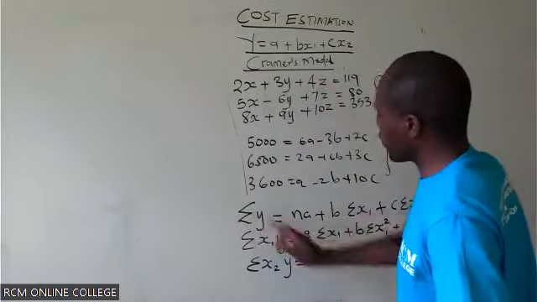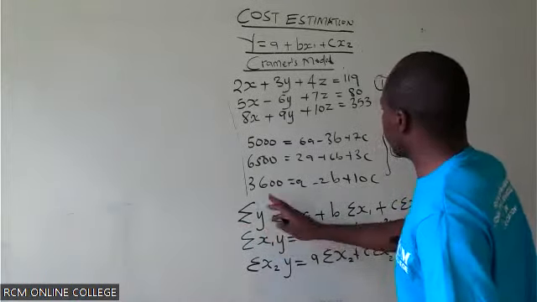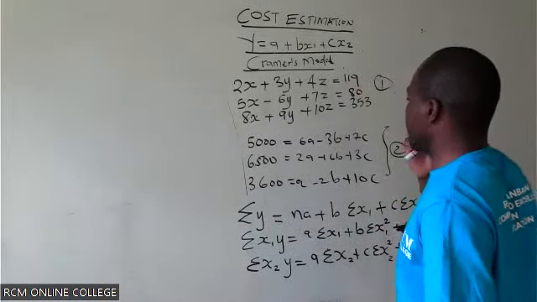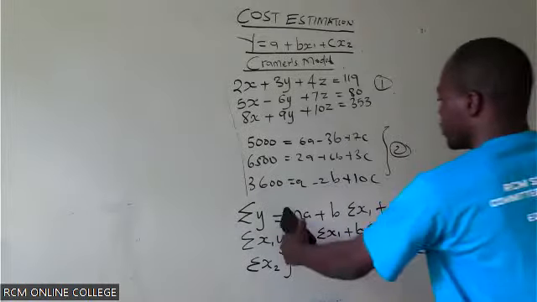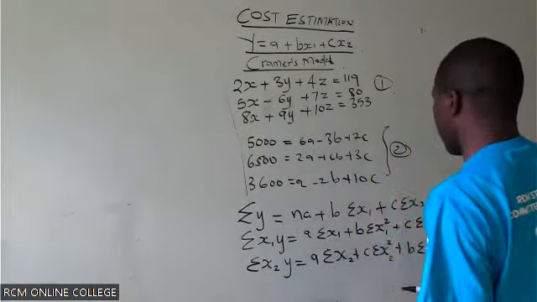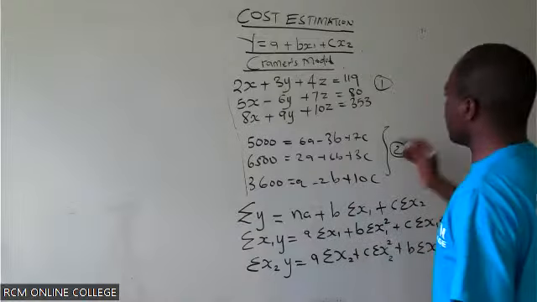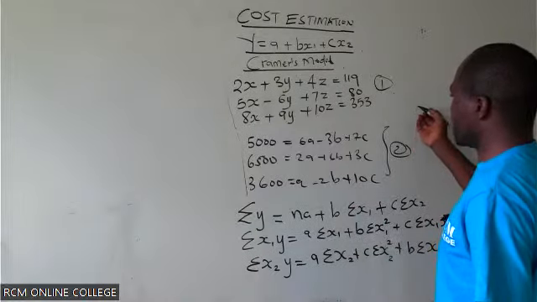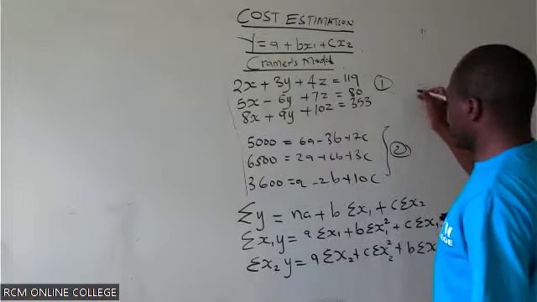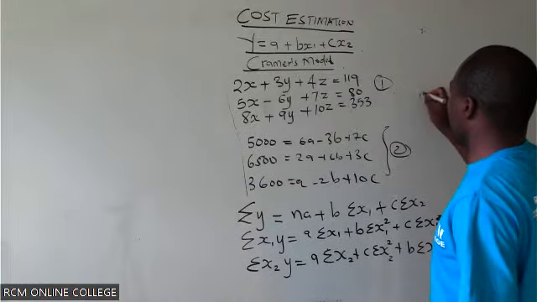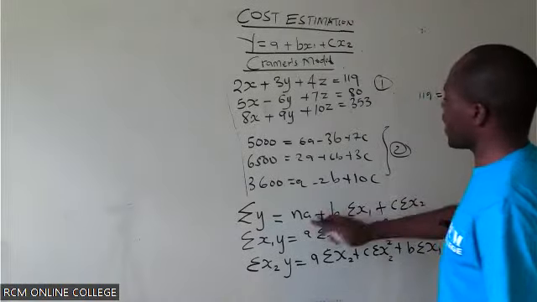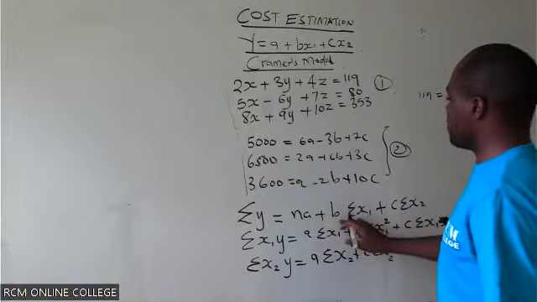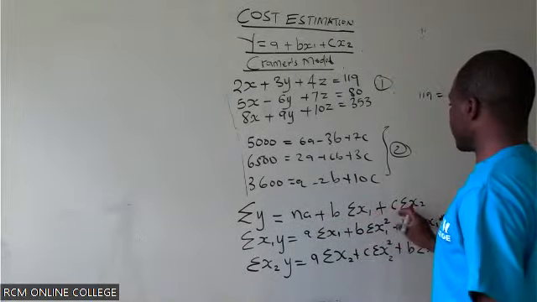So summation of Y, for example, is equal to 119. Let's take it from that point. Let's use this to extract what we have there: 119 is equal to NA plus B X1 plus C X2.